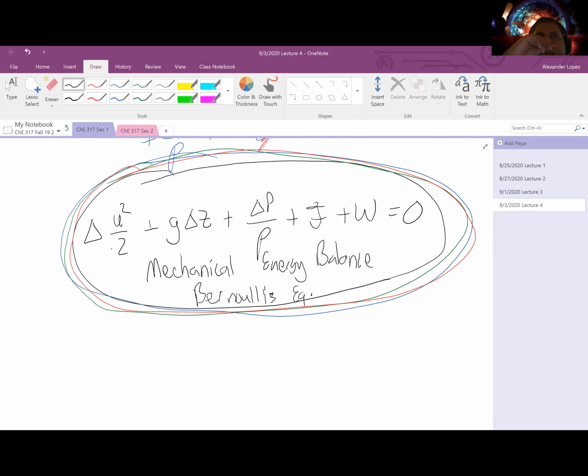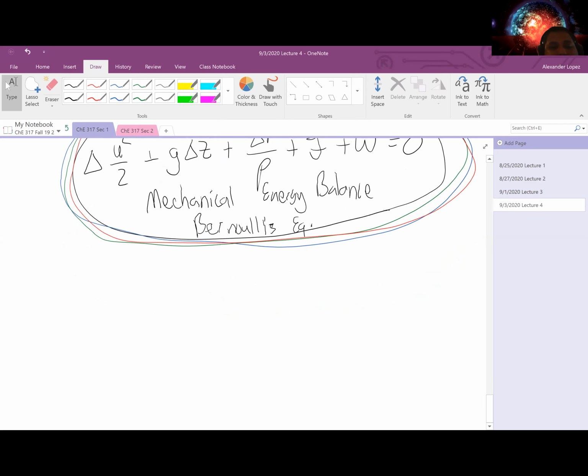And so what this mechanical energy balance or generalized Bernoulli's expression states is, if we're assuming steady state and we're looking at an energy balance between two states of a fluid, the energy associated between those two states can be summarized by these 5 terms: pressure, potential energy, kinetic energy, work, and frictional dissipation.